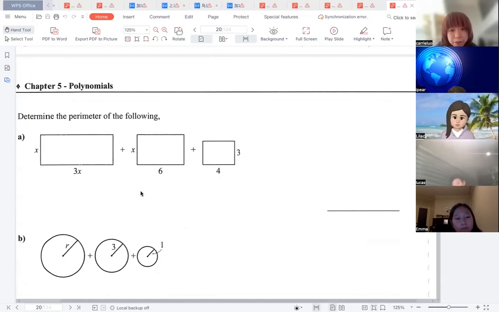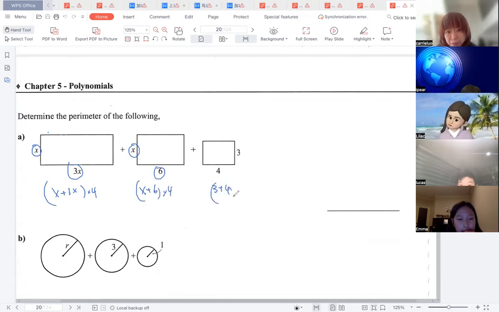Okay, so now let's take a look at this one. When we have a polynomial together with a number, for instance, determine the perimeter of the following. The first one is x plus 3x times 4, right? But sometimes polynomials and variables could be together. So it's x plus 6 times 4. And the last one is 3 plus 4 times 2. Get it, everybody?